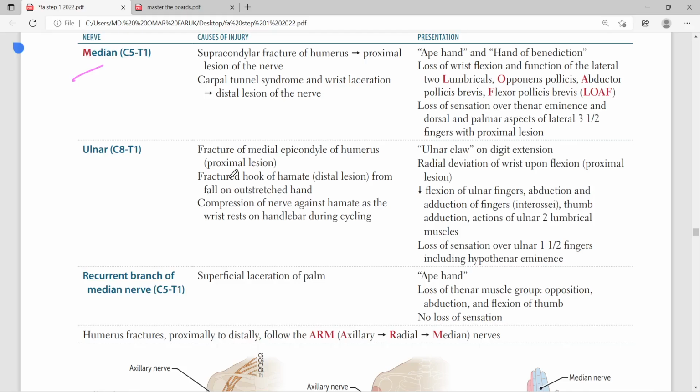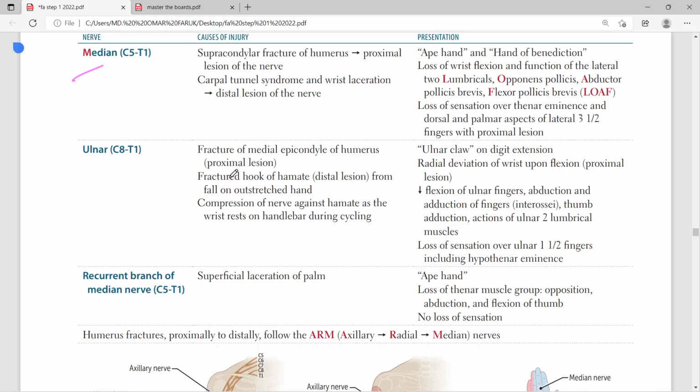In ulnar nerve injury, there is ulnar claw on digit extension, radial deviation of the wrist upon flexion, decreased flexion of the ulnar fingers, loss of abduction and adduction of the fingers and thumb adduction, and loss of the action of the ulnar two lumbricals. There is loss of sensation over the ulnar 1.5 fingers, including the hypothenar eminence, which is supplied by the ulnar nerve.